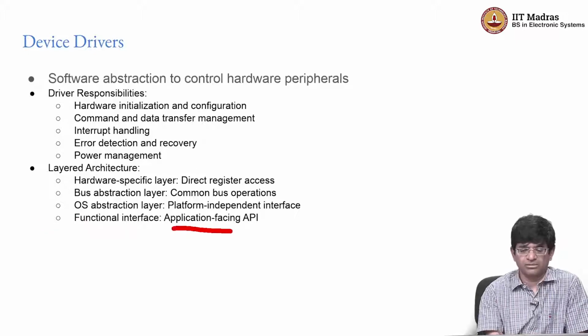For example, opening and closing files or reading from a network interface, all of these could be application facing APIs, which are in turn using the OS abstraction layer, which in turn talks to the bus layer and then finally to the devices at the hardware abstraction layer.